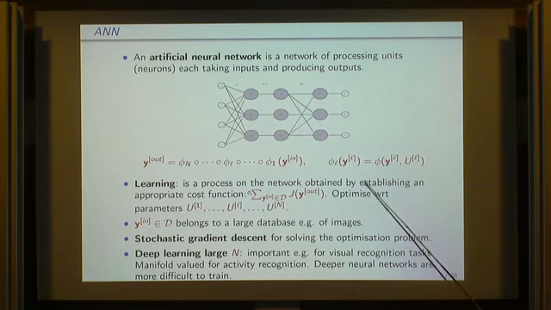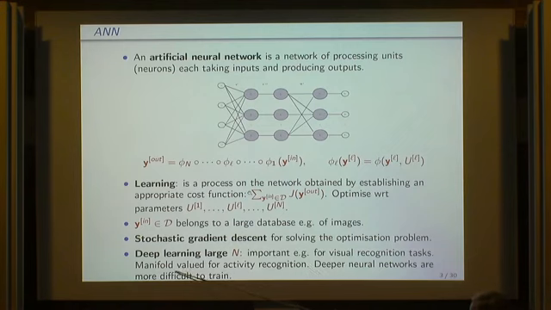So in order to solve these optimization problems, the usual strategy is to use stochastic gradient descent. Deep learning means that you have a large number of columns in your network. And it is said in the literature that it's important to consider deep learning for certain learning tasks, like for example visual recognition, but also perhaps activity recognition, which is a similar kind of task.